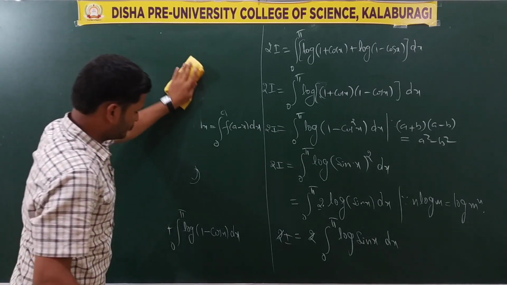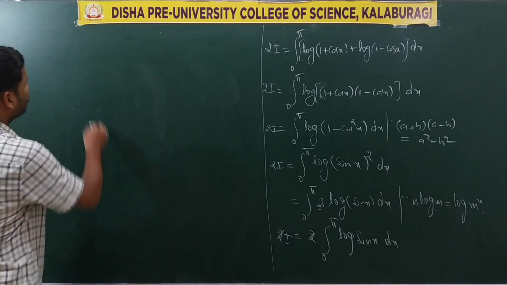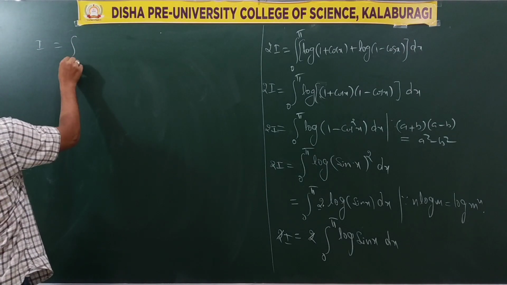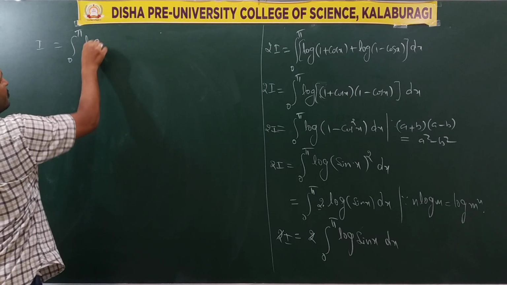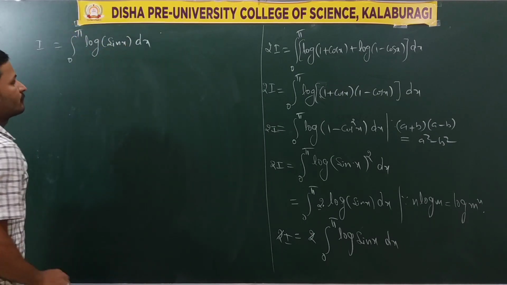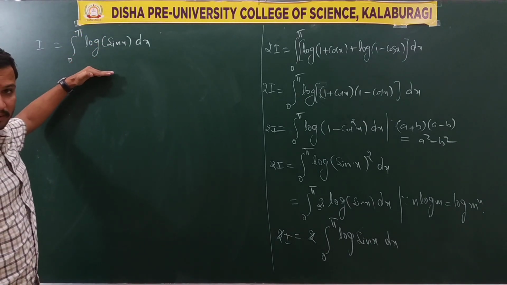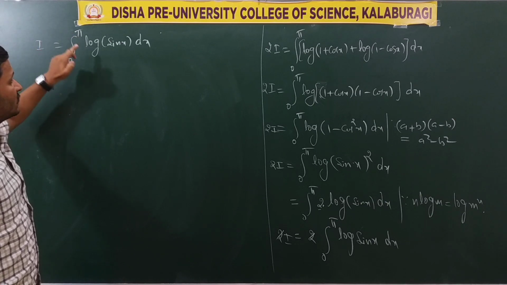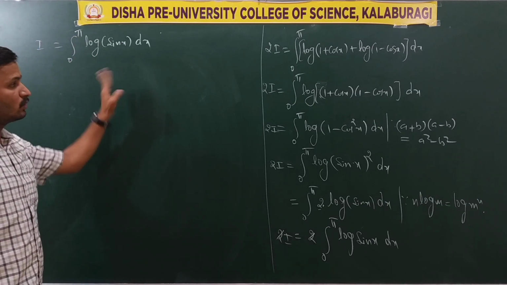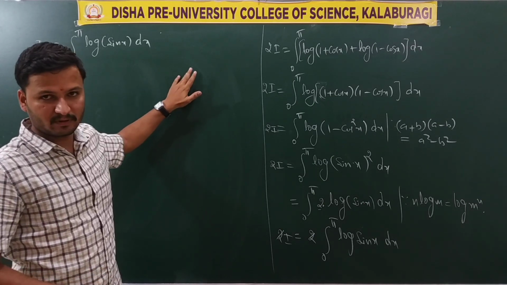Then I is equal to integration from 0 to pi of log of sin x dx. Again we need to use the property: integral from 0 to 2a of f of x dx is 2 times integral from 0 to a, if f of 2a minus x is equal to f of x. Let us use our property.